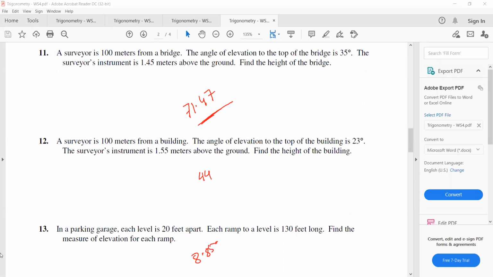Yes, you can round off. If you round off, then you get 44.